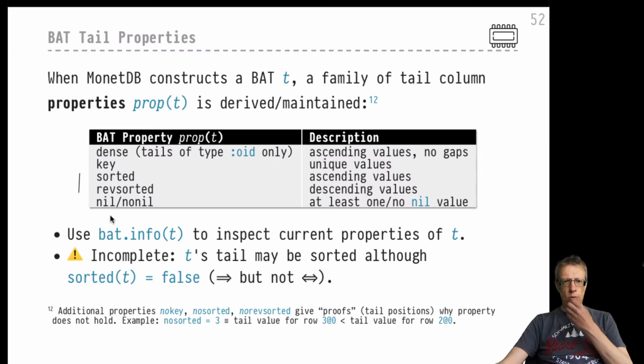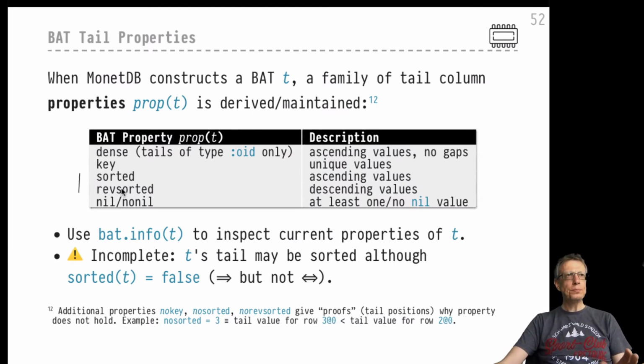That would be a column that has ascending, not strictly ascending values, and descending, not strictly descending values. A column that is sorted and ref sorted would be a constant column, obviously. That would be a column in which each tail value in each row has the same constant value.